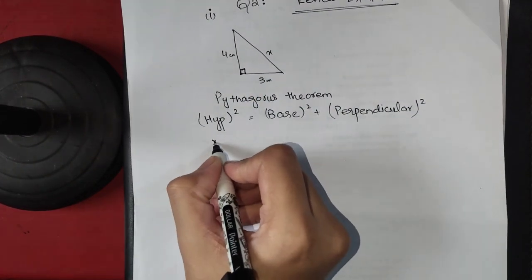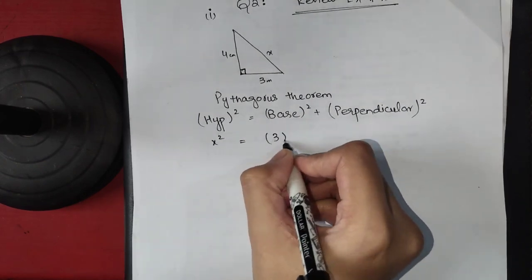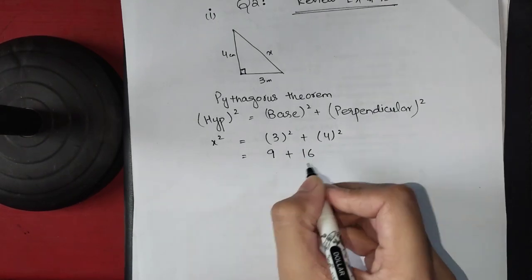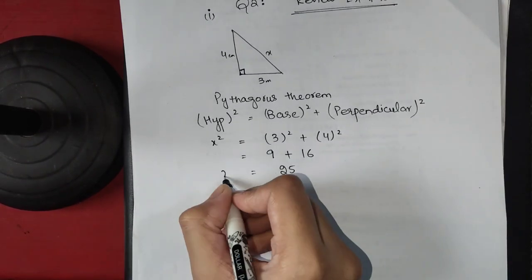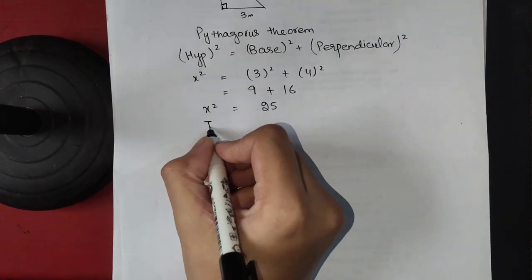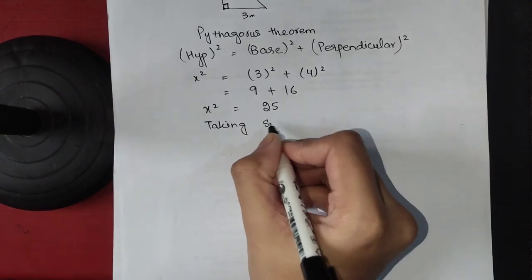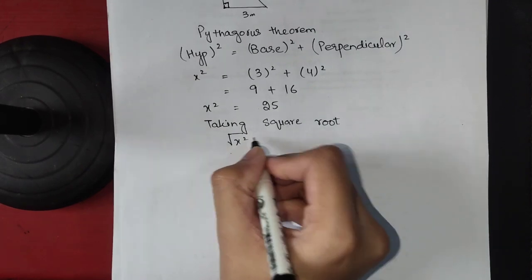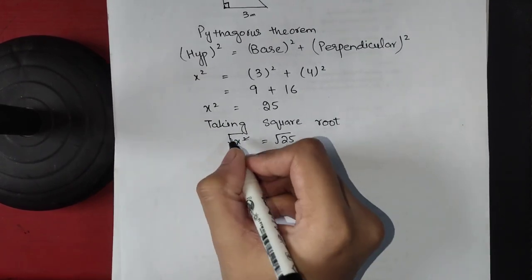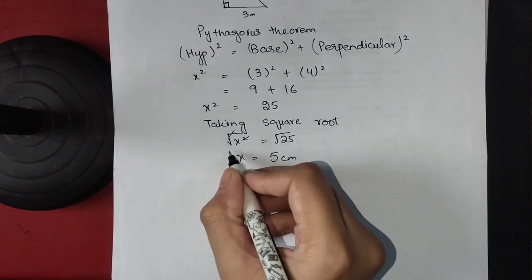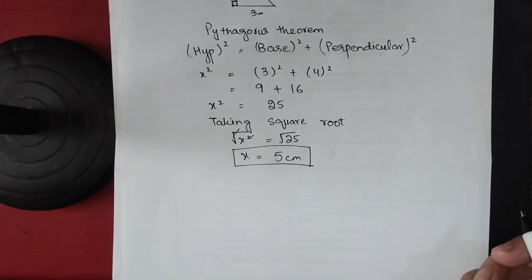Given x square is equal to base 3 square plus perpendicular 4 square. 3 square becomes 9, 4 square 16, and it becomes 25. Here it is x square. We have to find out x, so taking square root on both sides, square is cancelled out with this square root. x is equal to 5 centimeter. So your hypotenuse length is 5 centimeter. Here we have our solution of question number 1.